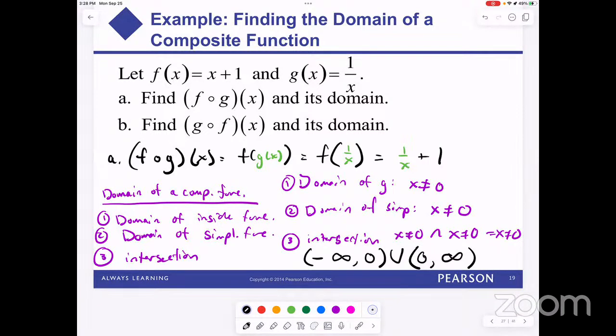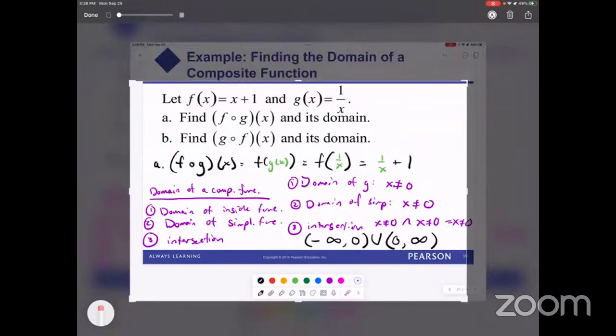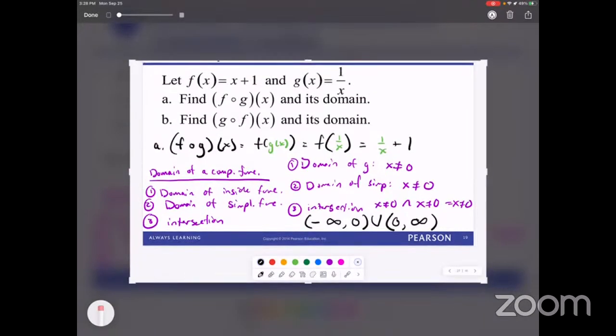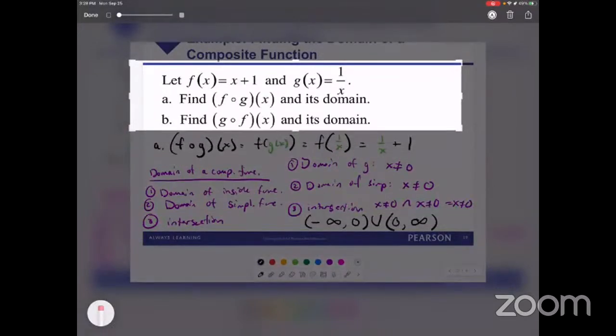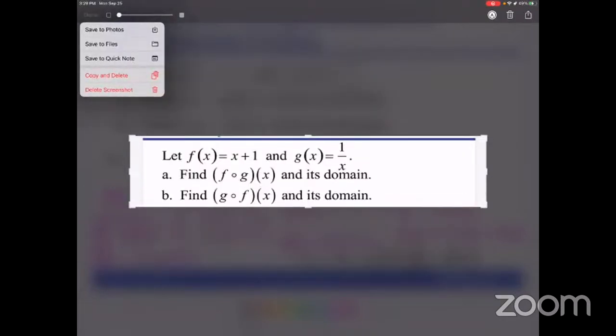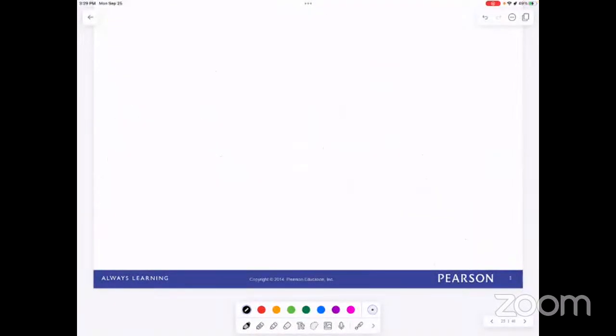Let me get a copy. Copy and delete. Paste.